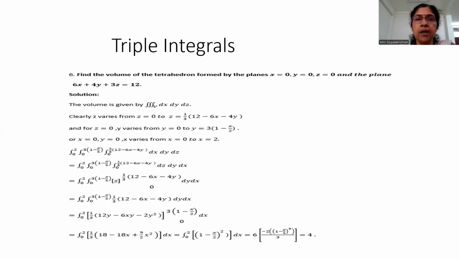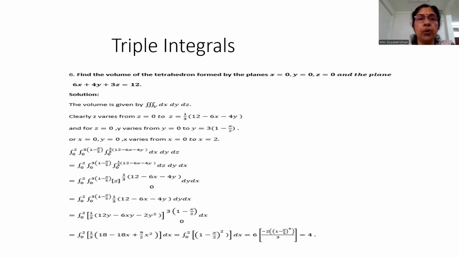So the y limit, the middle variable, is from 0 to (12 minus 6x) by 4, which can be simplified to 3 into (1 minus x by 2).